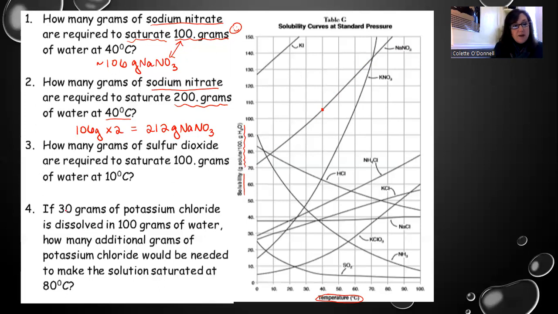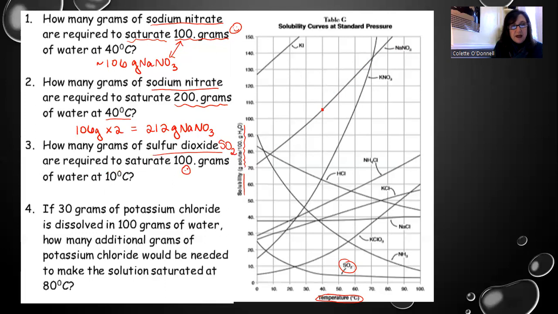All right, so let's have a look at number 3 and see what other kinds of questions we might be asked. How many grams of sulfur dioxide? Now we're going to be working with a different substance, and notice I'm given the name, so I have to recognize what the formula is. Notice that sulfur dioxide is this line way down here. Are required to saturate 100 grams of water.